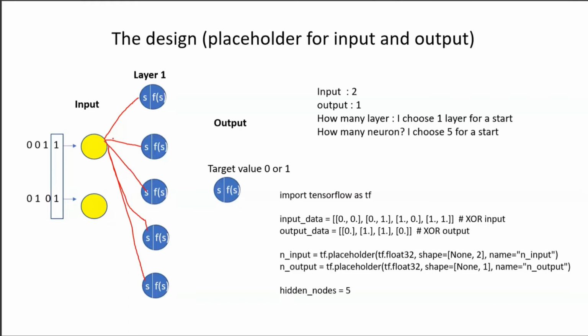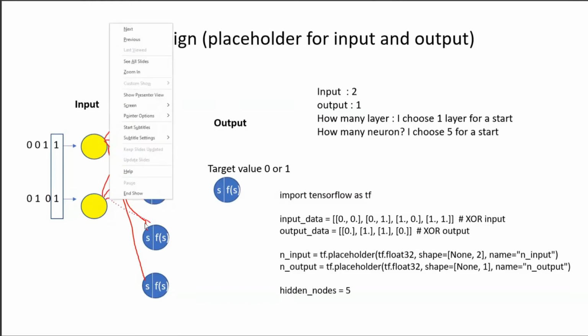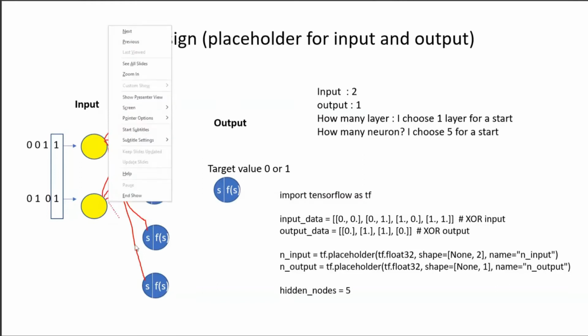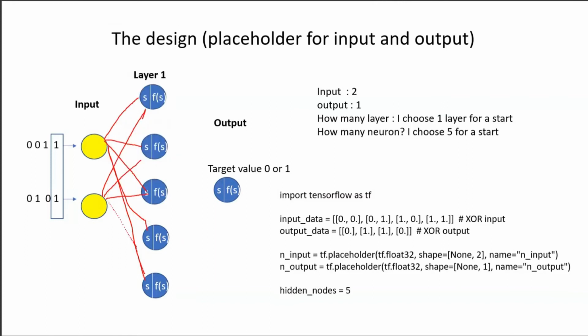So you got 1, 2, 3, 4, 5, 6, 7, 8, 9, and 10. So you got a weight everywhere here. Weight number 1, weight number 2, weight number 3, and so on until weight number 10.